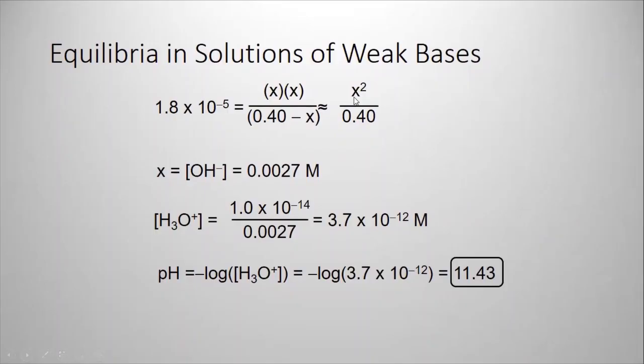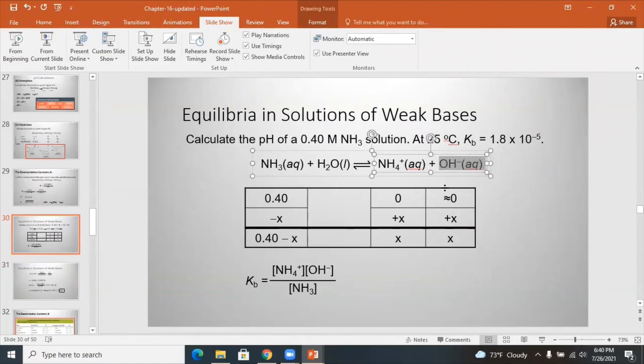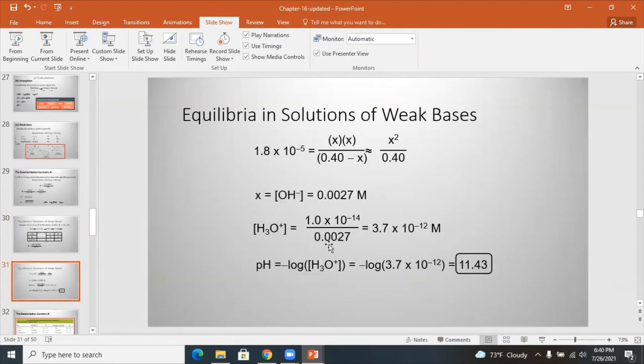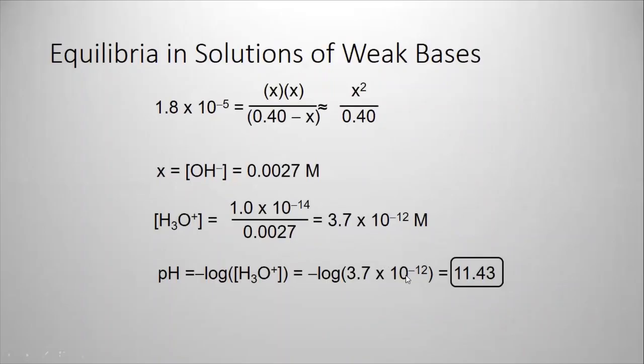So what is X again? X is the hydroxyl ion. From the dissociation, you can tell that X is the hydroxyl ion concentration, while for the acid, your X is the hydronium ion. All right, so from here, the pH will be minus log the hydronium ion.